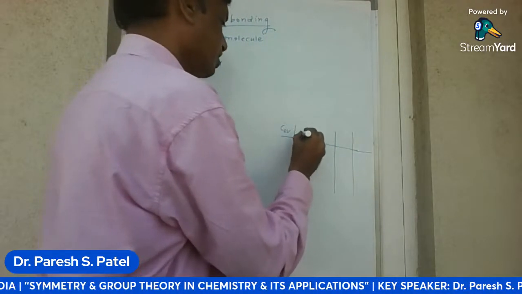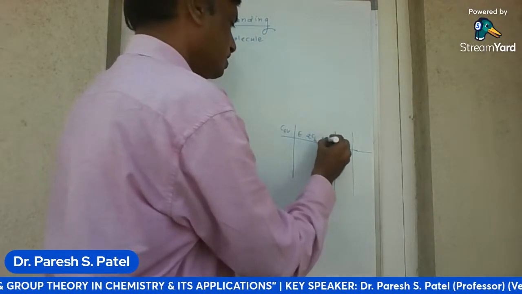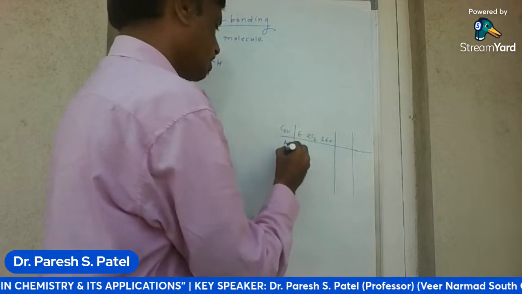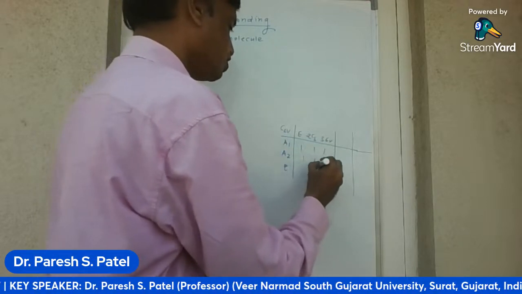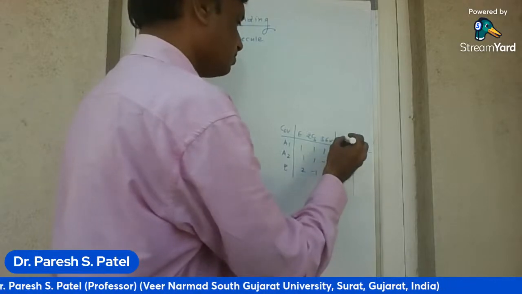C3v: E, 2C3, 3σv; A1: 1, 1, 1; A2: 1, 1, -1; E: 2, -1, 0.